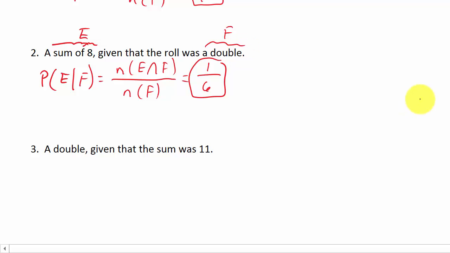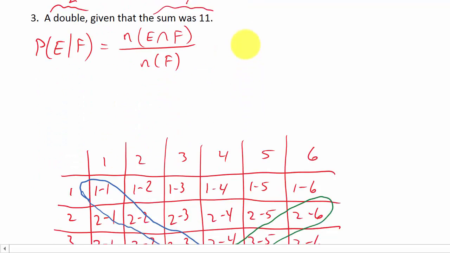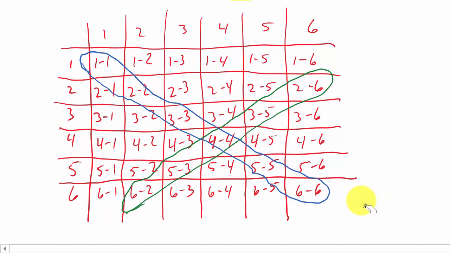All right, let's look at this one. A double given that the sum was 11. So I'm going to let E represent that it was a double, and the sum was 11 is going to be represented by F. And I need the probability of E given F, which is the number in E and F over the number in F. Okay, so let's erase this.